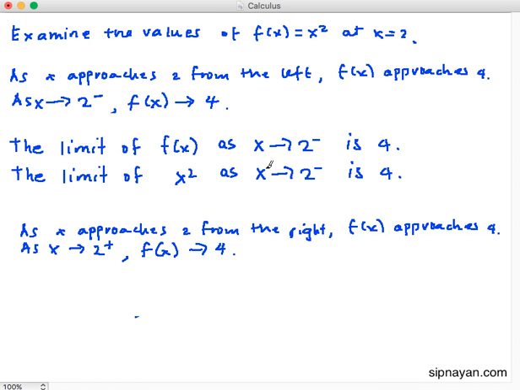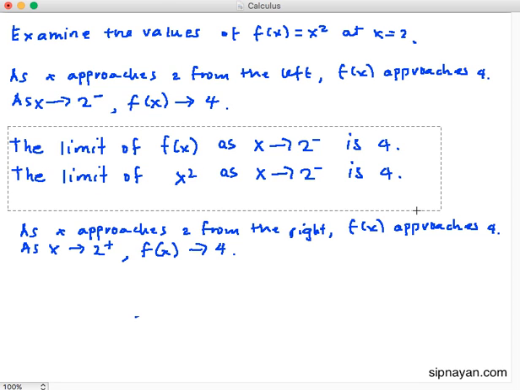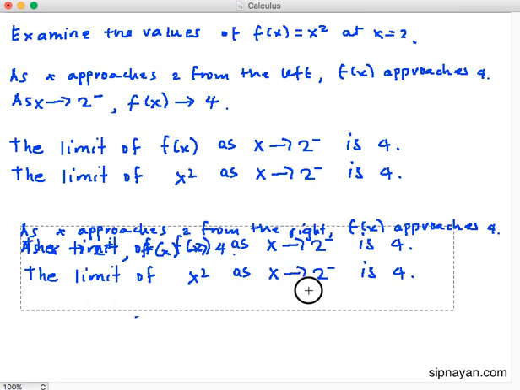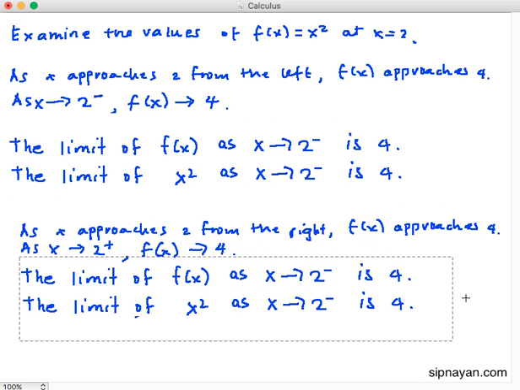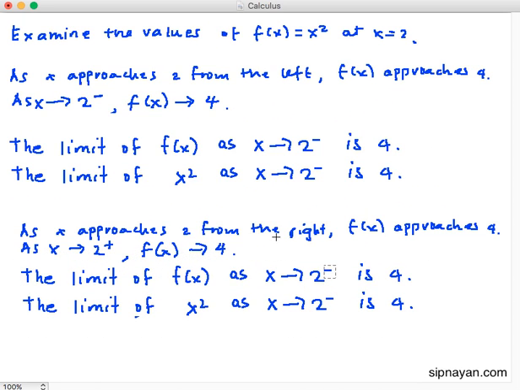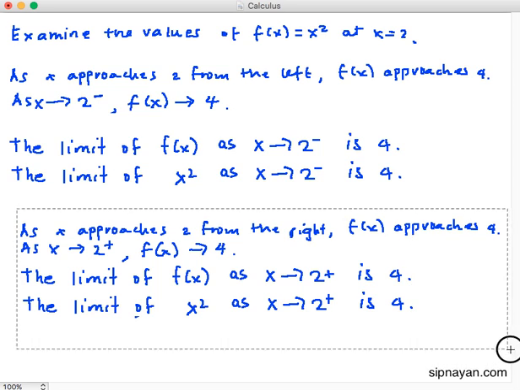Dito naman, from the right, no? So siguro i-cut and paste na natin to. The limit of f of x as x approaches 2 from the right, plus lang, is 4. Now, pwede pa rin natin ito paigsiin tong symbol na to. So yung limit, pwede lang natin sabihin LIM.